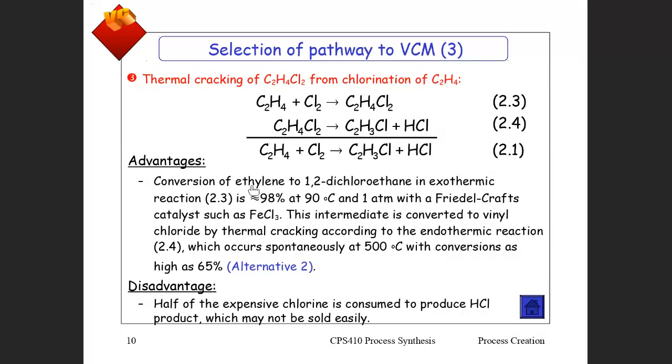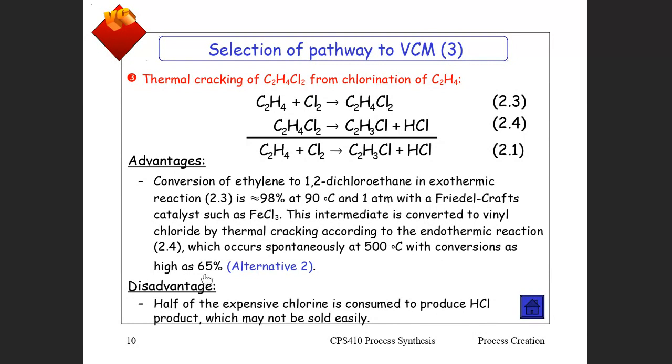So the advantages is going to dichloroethane is an exothermic reaction, and it gives you 98% conversion at 90 degrees C and 1 atmosphere with a Friedel-Crafts catalyst such as ferric chloride. This intermediate is converted to vinyl chloride by thermal cracking according to an endothermic reaction 2.4, which occurs spontaneously at 500 degrees C with conversions as high as 65%.